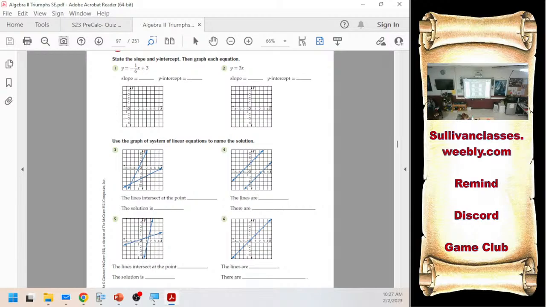Yes, sir? There's no y in it. So what do you write for nothing? There you go. Put your arrows next to it. Denominator is always to the right.